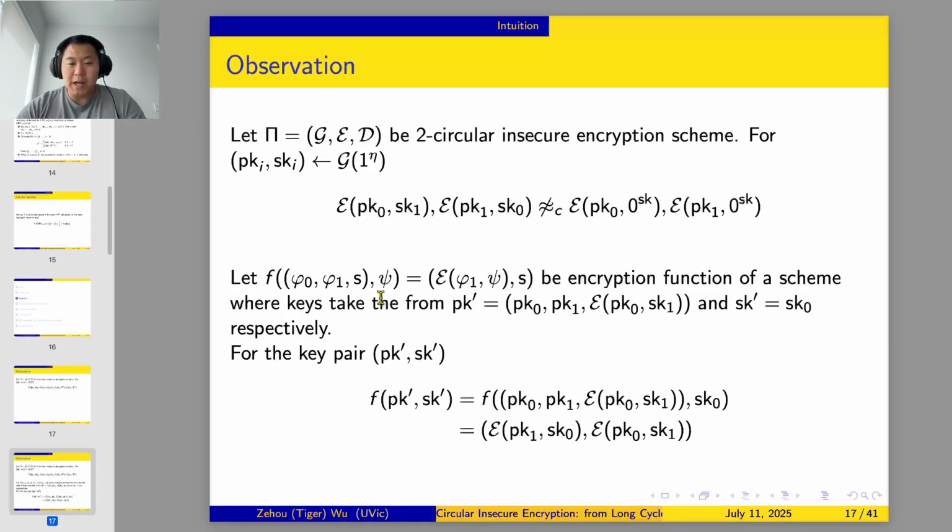We can observe that for some encryption scheme where it has public key pk prime and secret key sk prime, where pk prime takes the form pk0, pk1, encryption of sk1 under pk0, and sk prime just equals sk0, then when we compute f on pk prime and sk prime, this simply creates a length 2 encryption cycle of pi.